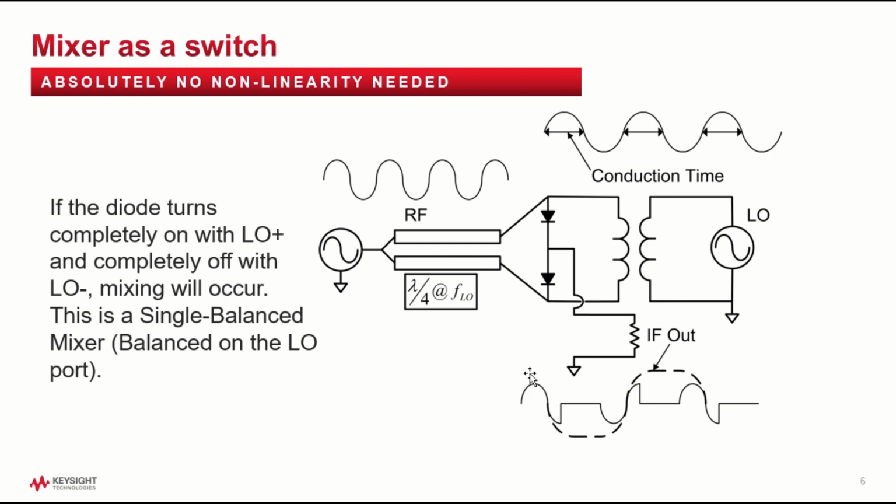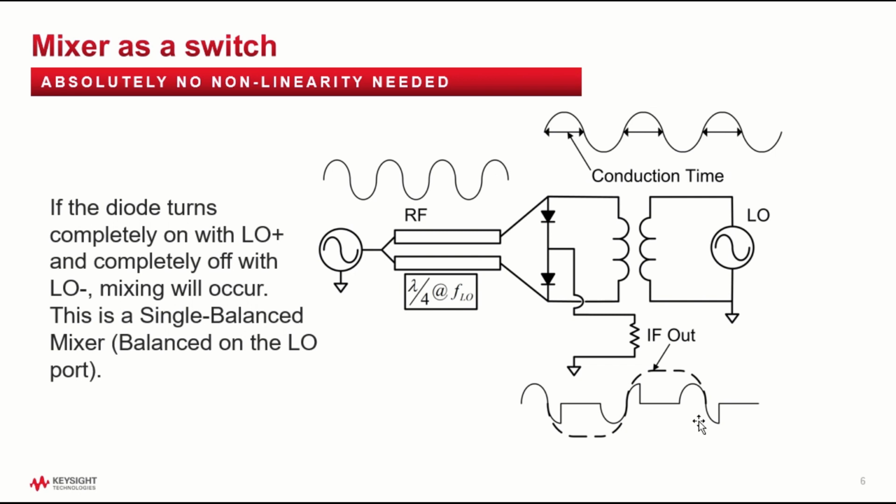And then what you end up coming out of this is a chopped version of the signal. And if you kind of draw a notional underlying signal in here, you'll see that you end up with having a lower frequency, and that lower frequency is the difference between the LO chop cycle frequency and the RF frequency.